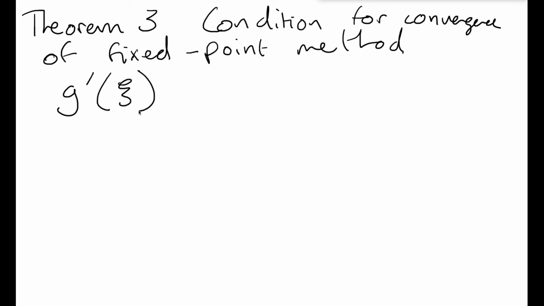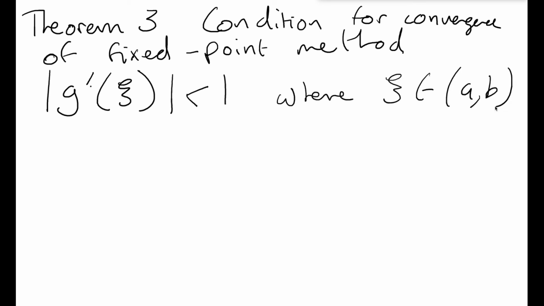So remember, psi is a variable that takes you anywhere in this domain, as given by the mean value theorem. g prime now is our first derivative of g. And we're going to say the modulus is less than 1, where psi is in (a, b), just restating what we did.